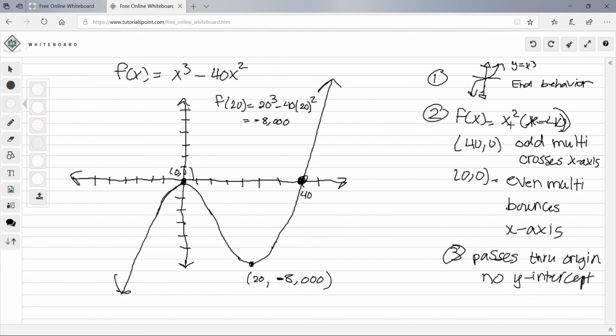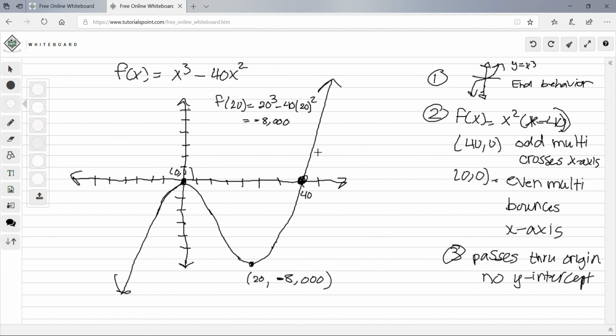Then you write that in factor form, and you determine if it's an odd or even multiplicity. Odd means it crosses the x-axis, and even means it bounces. So this one is even, so it bounces, and this one is odd, so it crosses.